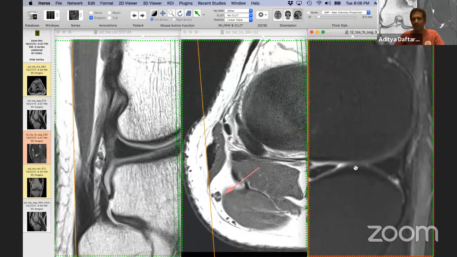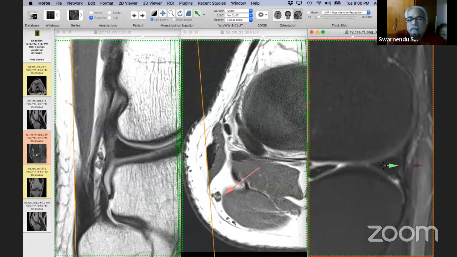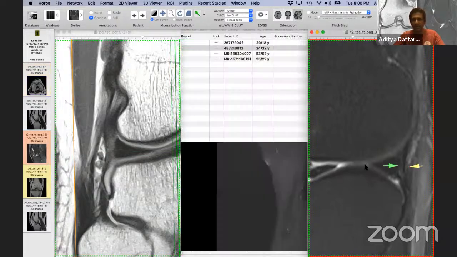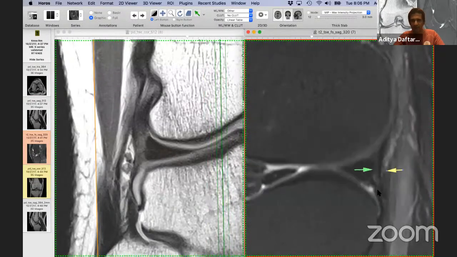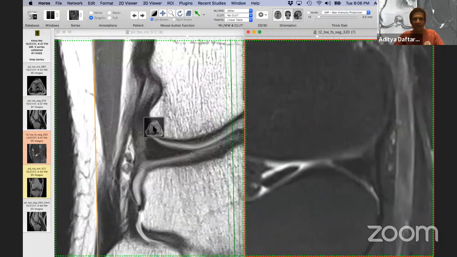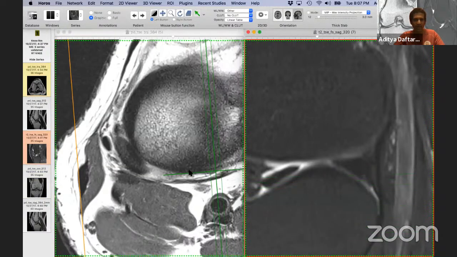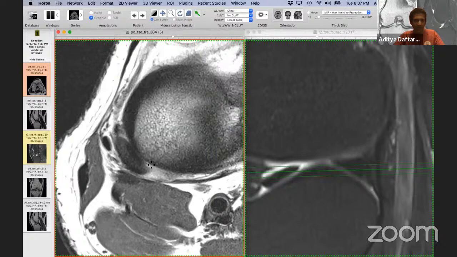But if you see edema at this interface that we're looking at, between this and this, and I see it tracking, this is the axial image here, this is where I'm looking. If I see that this separation is running along a large proportion of the posterior horn, then I will tell you, look, this is a ramp. It seems significant. I suspect this will be a more significant ramp lesion.